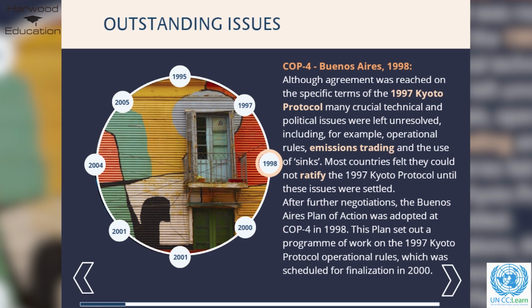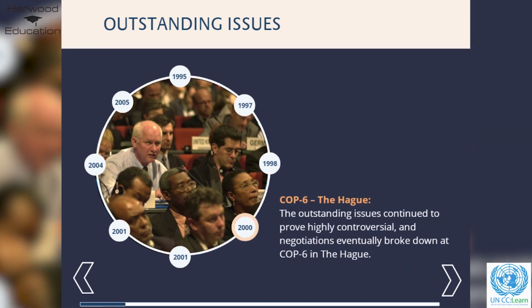Most countries felt they could not ratify the 1997 Kyoto Protocol until these issues were settled. After further negotiations, the Buenos Aires Plan of Action was adopted at COP4 in 1998. This plan set out a program of work on the 1997 Kyoto Protocol operational rules, which was scheduled for finalization in 2000.